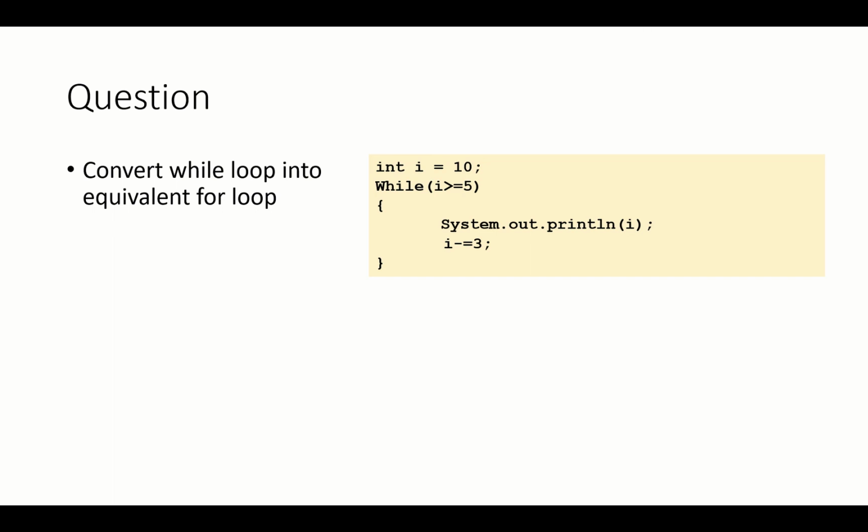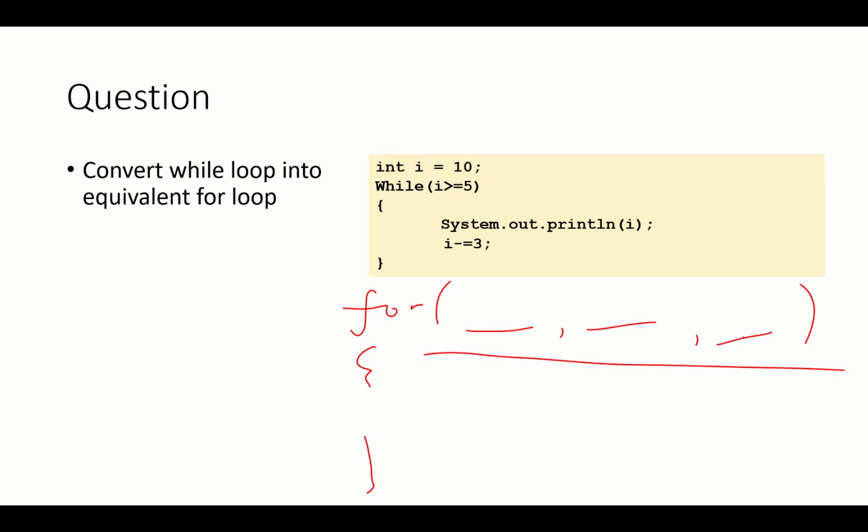Okay, so for the for loop, we have three parts. You should fill them in. First is initialization. So you put it there. Second is condition. So this is the condition. You go over there.